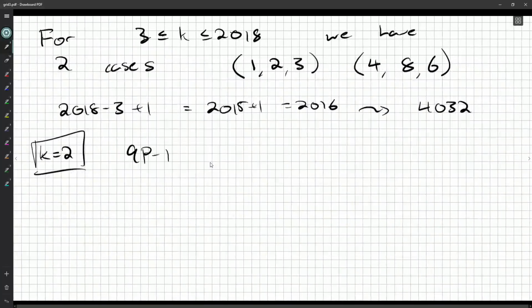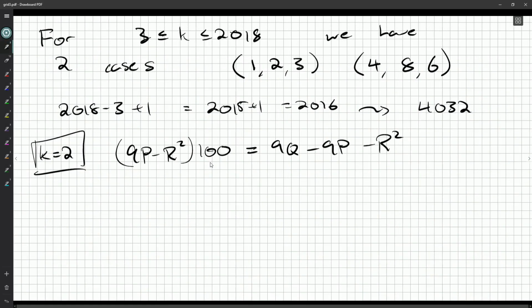So 9p minus r squared times 100 has to be equal to 9q minus 9p minus r squared. Okay. So, what can we do here?